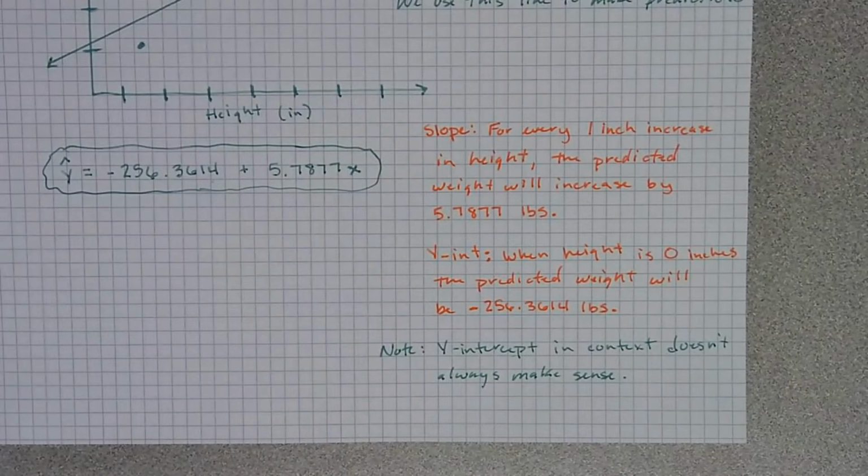You can't be 0 inches tall, and you also can't weigh negative 256. So it doesn't make sense in this context, and that's okay.